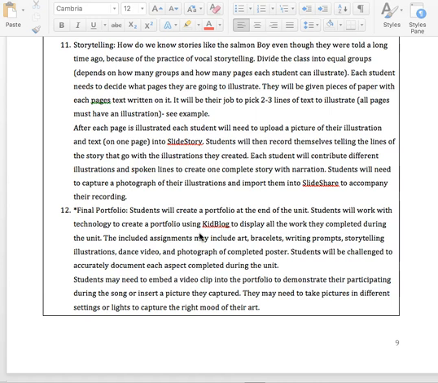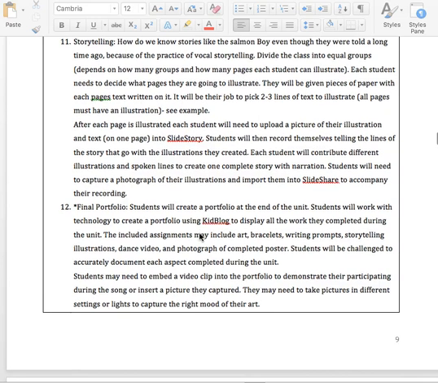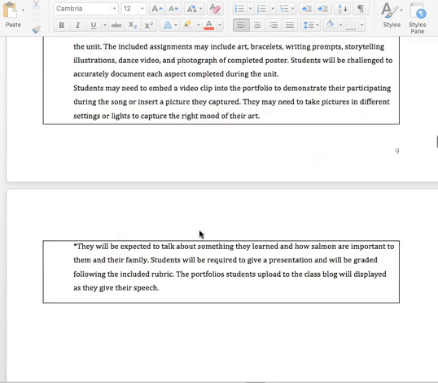What we're looking for is to have students not just focus on copying exactly what is given in the printed version of the book, but make it their own. As they're doing this, as with all the other assignments, they will need to have photographic documentation of all of these to be included in their portfolio.